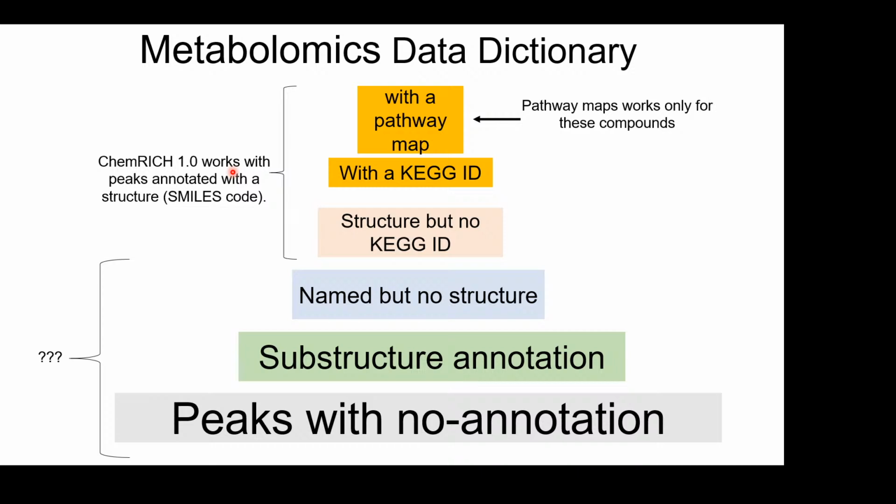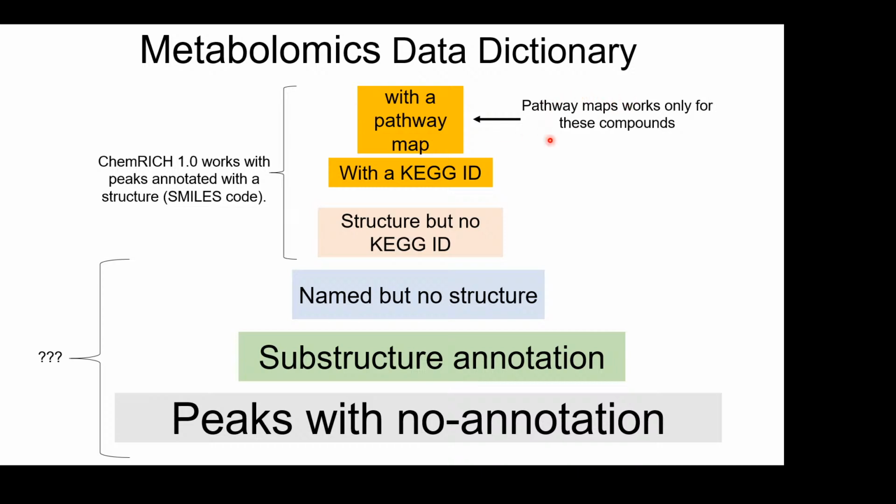Then we have the top small fraction of compounds that are linked to a biochemical pathway map. Only a small fraction, the top blocks here, are linked to pathway maps, and the majority of others have either a known structure, a name, a substructure, or no names.